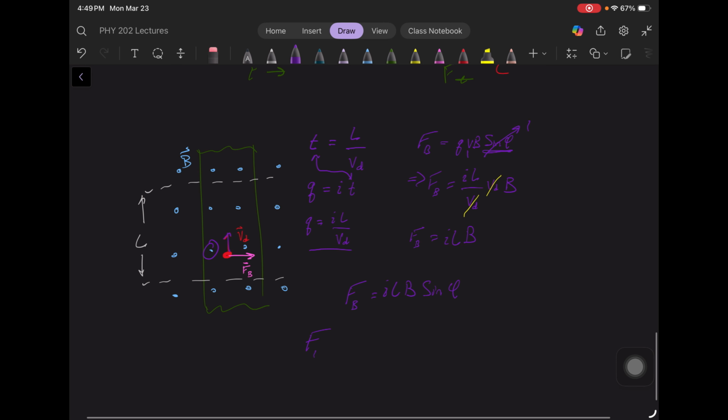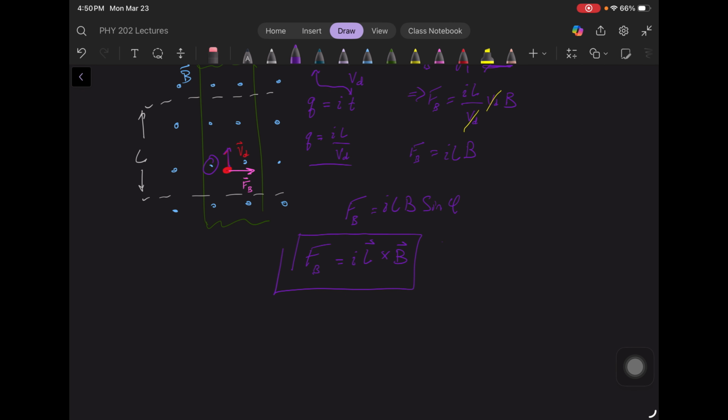Or if we want to be a little better, the magnetic force on a current carrying wire is going to be IL, where L is a length vector that has a magnitude of the length of the wire within the magnetic field and is pointed along the direction of our current. And so we have IL cross B. And we can put a box around that because that's an important result.